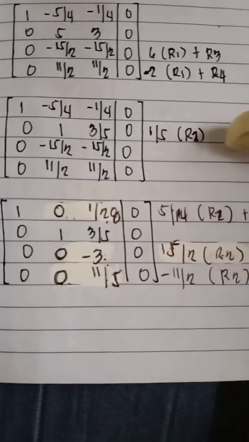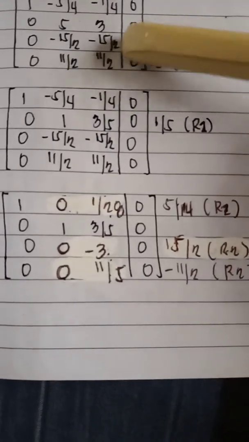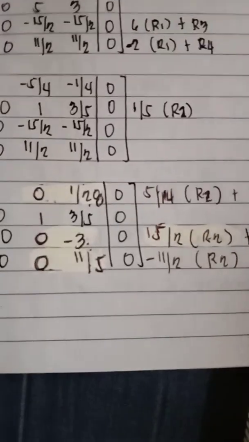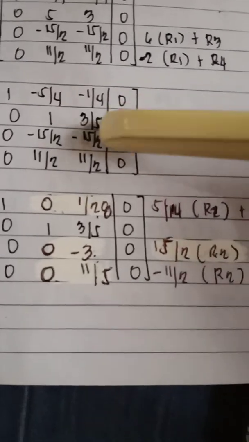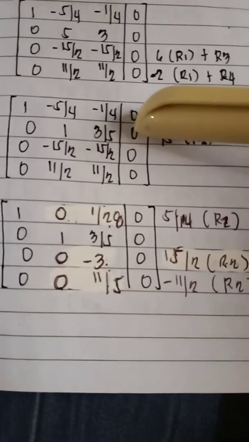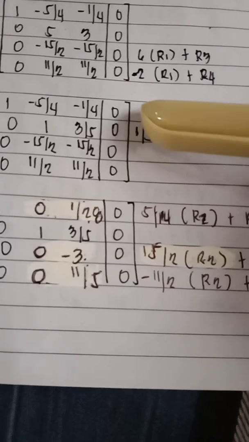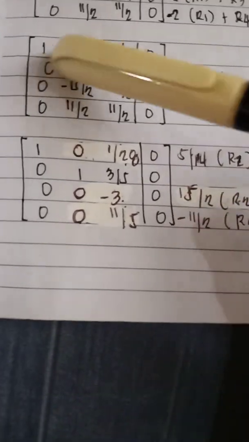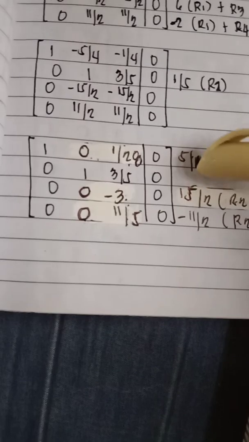So 5 over 4 times 1 plus negative 5 over 4 is equal to 0. 5 over 4 times 3 over 5 plus negative 1 over 4 is equal to 1 over 28. 5 over 4 times 0 plus 0 is equal to 0. So in row 3, 15 over 2 times 0 is equal to 0. 15 over 2 times 1 plus negative 15 over 2 is equal to 0.